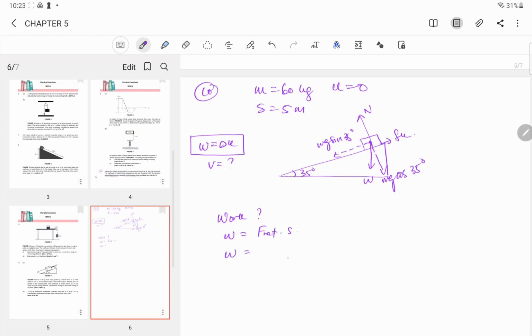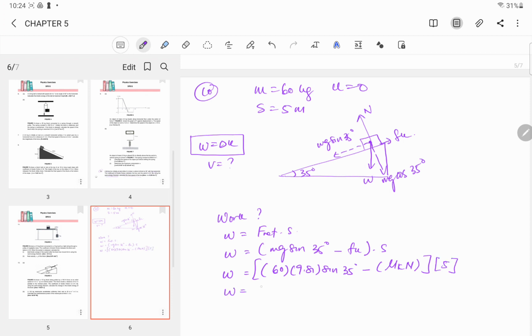F net here is mg sin 35 minus fk, times s. So the mass is 60, times 9.81, times sin 35, minus fk, which is mu k N, multiplied by 5.